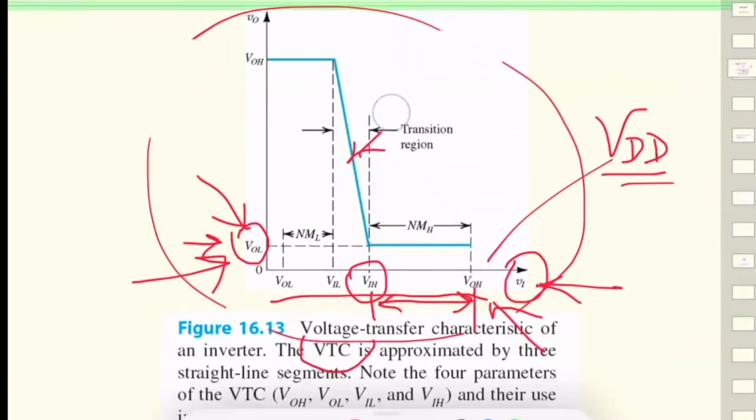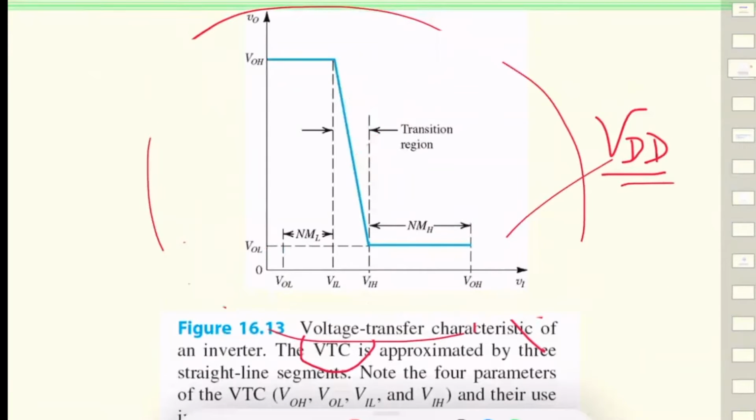For one level, high level or low level, for a bigger range of input, my output is not feeling that. So it's insensitive to some fluctuation in my input voltage. And when I say input voltage, I'm talking about both high and low.